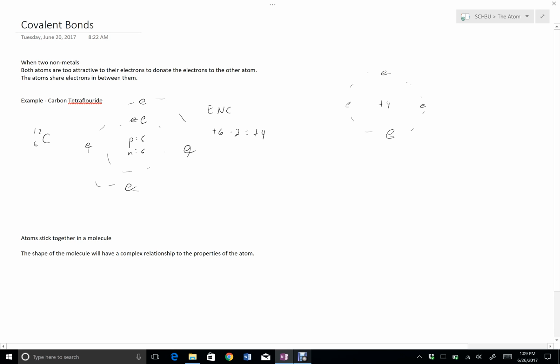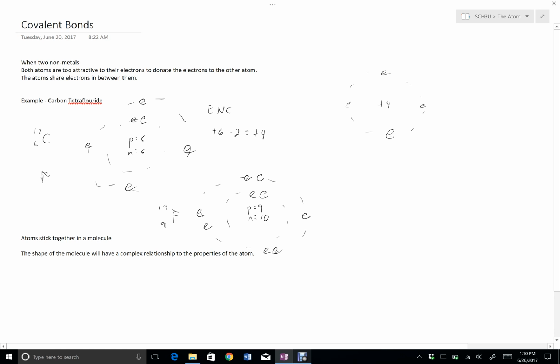Alternatively, for the fluorine in tetrafluoride, fluorine has 9 protons and 19 total mass, so 9 protons and 10 neutrons. In its first shell it has 2, and then in the next shell it has 7.